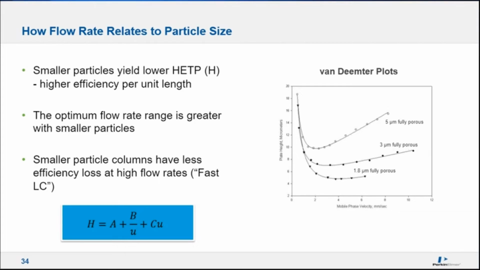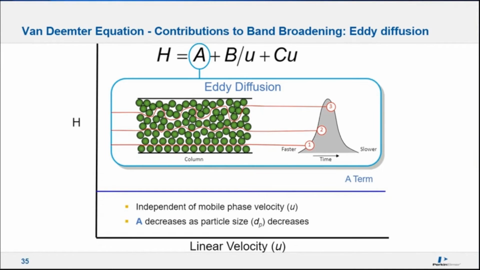And we could see that the narrowest peaks are shown with the 1.8 micron particle size, and the widest peaks in this case would be shown by the 5 micron particle. In addition, we're able to maintain the chromatographic peak HETP over a wider range of flow rates using the smaller particle. So again, let's go back to the Van Deemter equation.